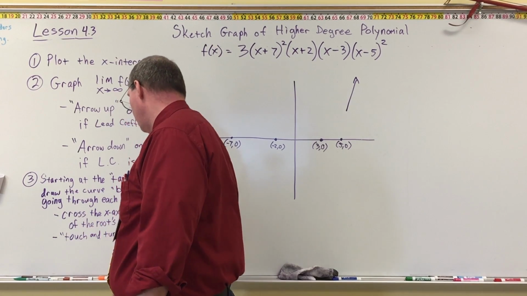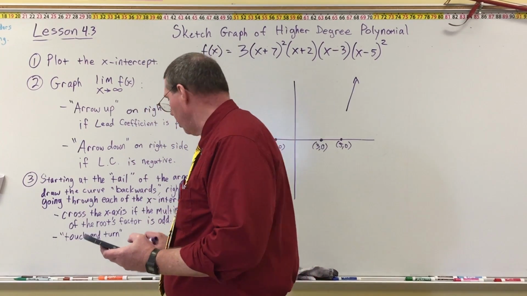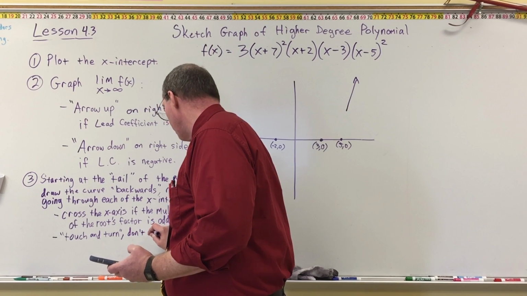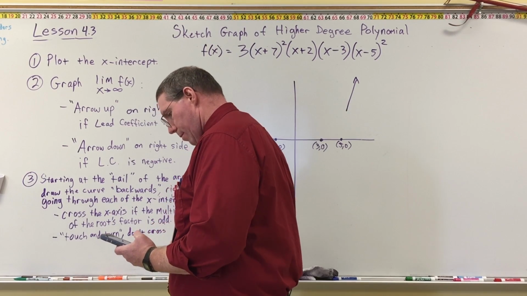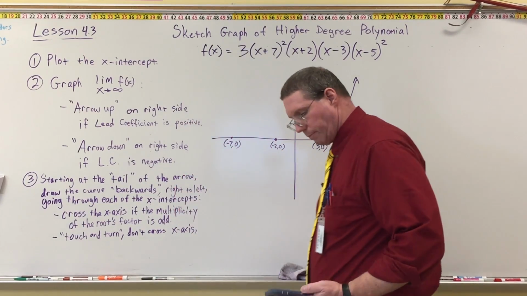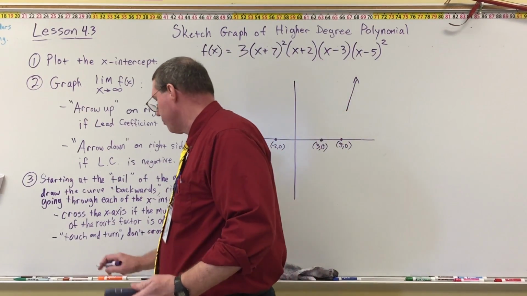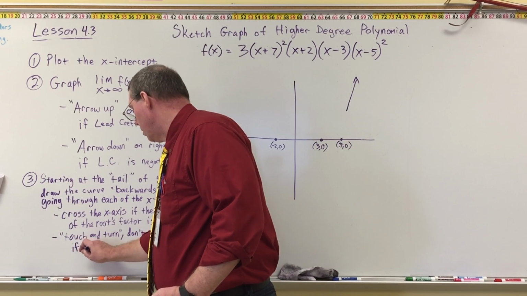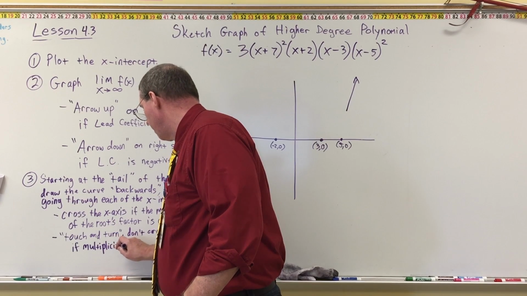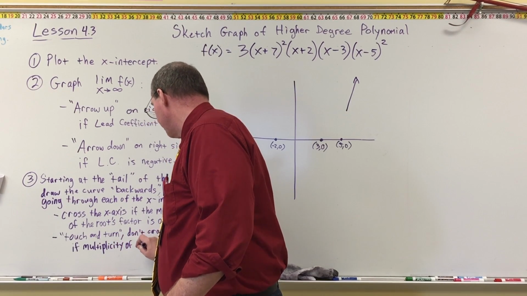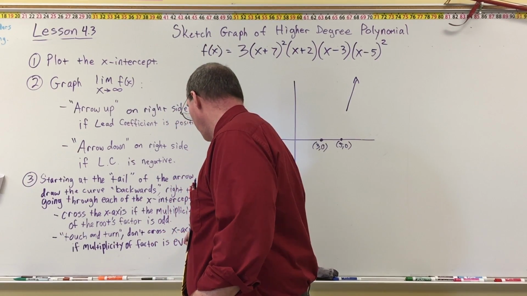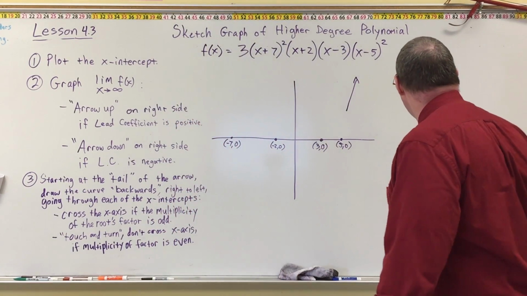Touch and turn, comma, don't cross the x-axis, if the multiplicity of the factor is even. Okay?